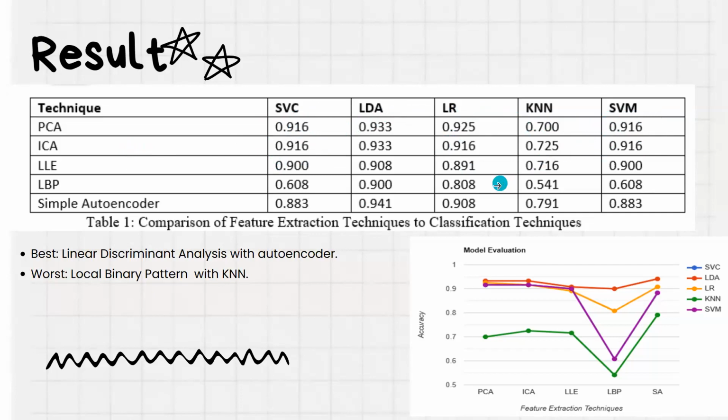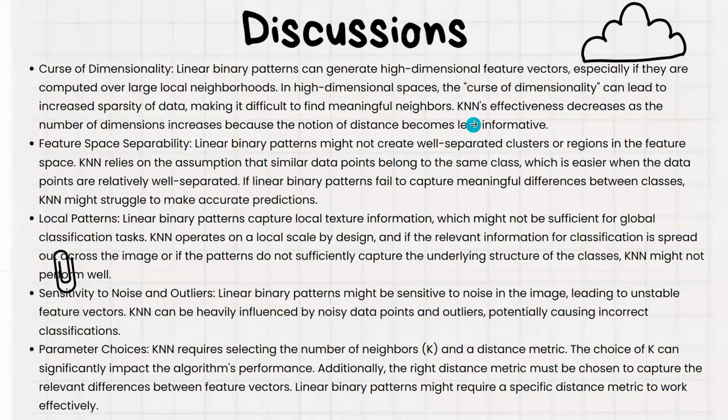So it could be different on the basis of your data sets and your feature extraction models. But for a basic model without any normalization, LDA is best with a simple autoencoder, and PCA and ICA could be worked upon.